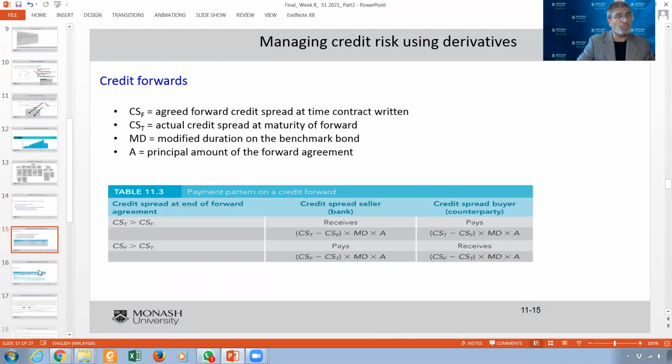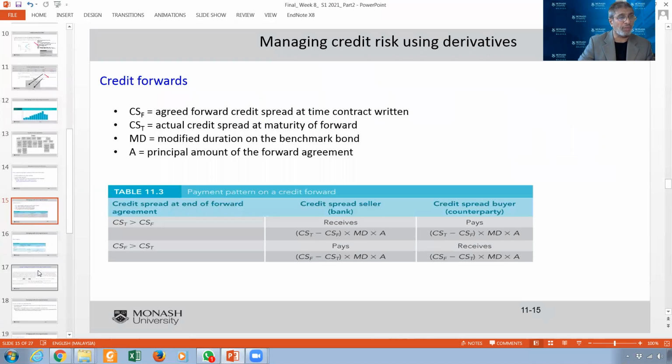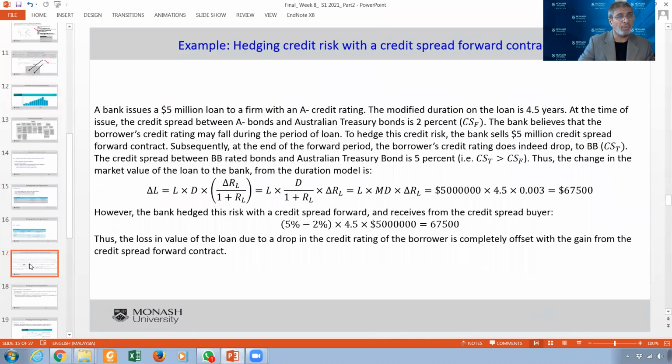So we will not be responsible for all of this, only part of them, but let me give you an example of the total return swaps. If a bank issues a 5 million loan to a firm with an A minus credit rating. Now in this case, the treasury bonds, the loan is 4.5 years.